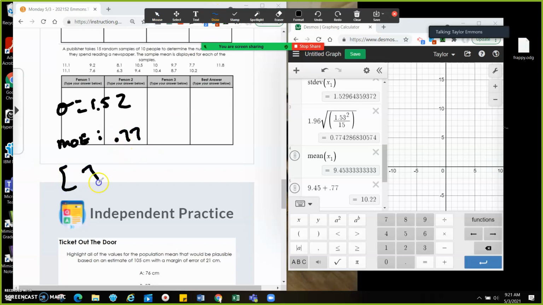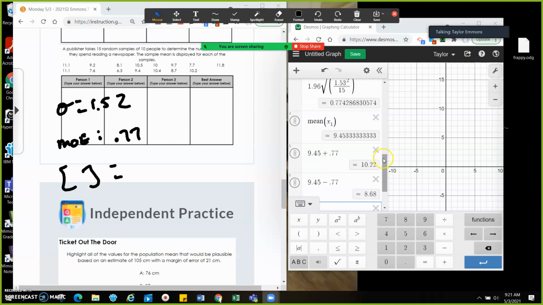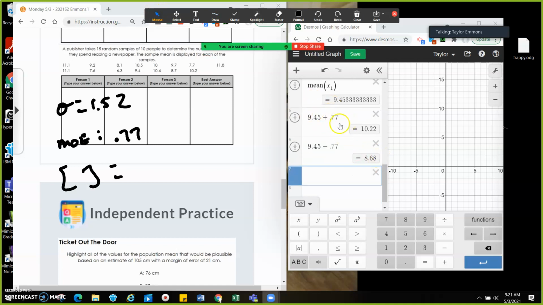For your interval, you find the mean, which is 9.45, and add and subtract the margin of error, which gives you 8.68 to 10.22. And that's it.